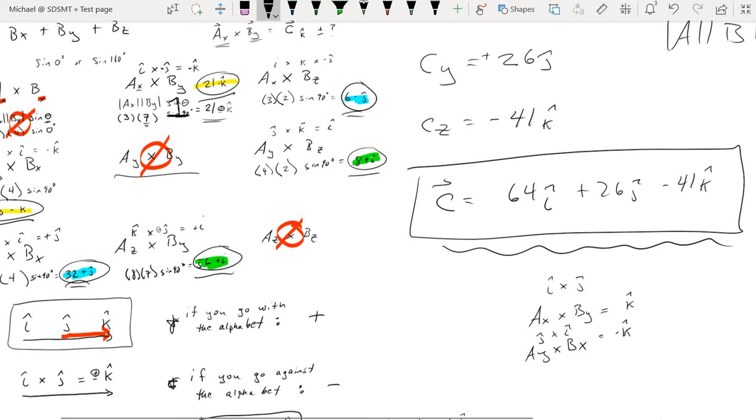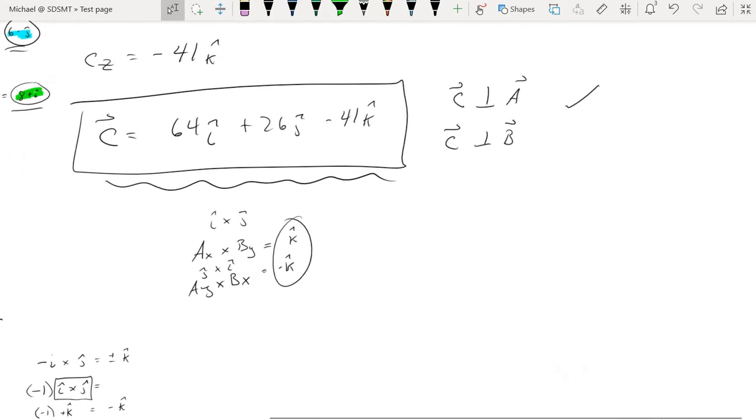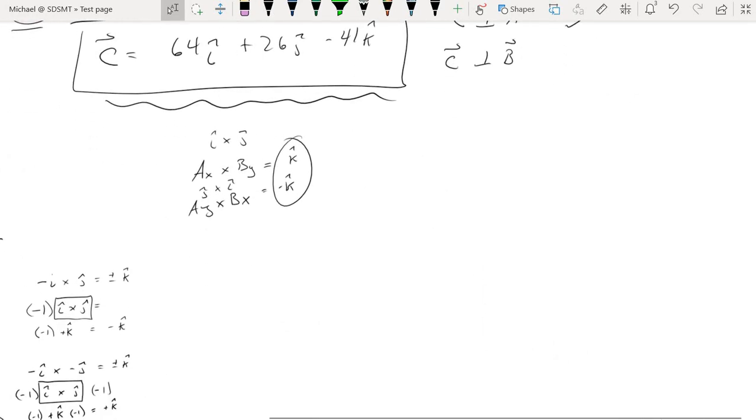Now I'm not including the fact that some of these components were positive or negative. But what's happening here is that just by switching around the order of the components, we get a change in the sign for the outcome.